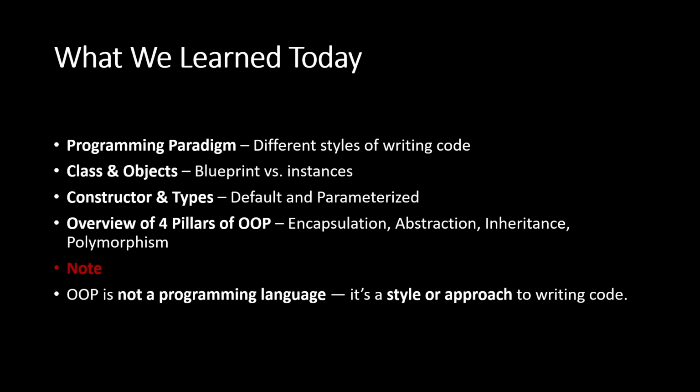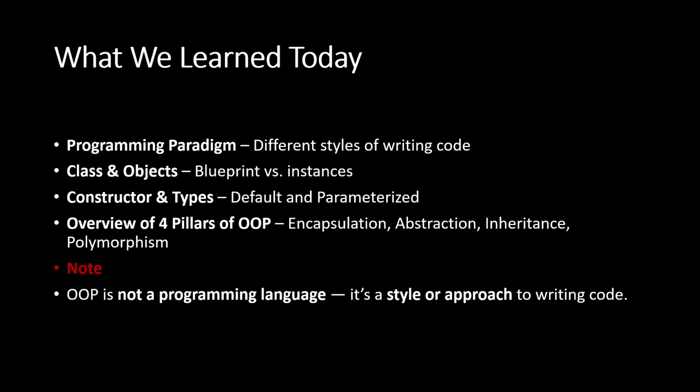So what did we learn today? Today we learn about programming paradigm. It is a style of writing code. In object and class we learn class is a blueprint, while object is an instance of that class. In constructor we learn it is used to initialize when an object of a class is created, right?